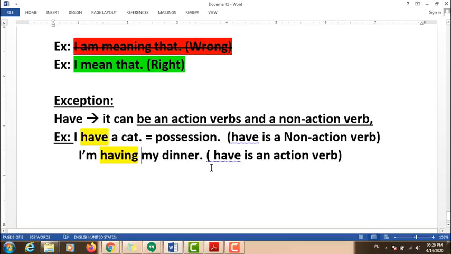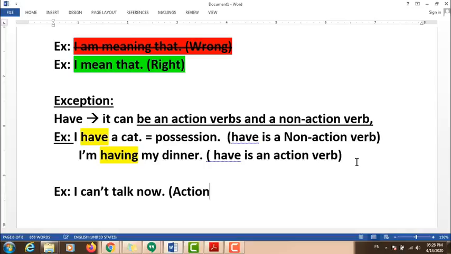Example 2. I can't talk now. So this is an action verb. Talk is an action verb, so you can use it in simple present, and also you can use it in continuous.